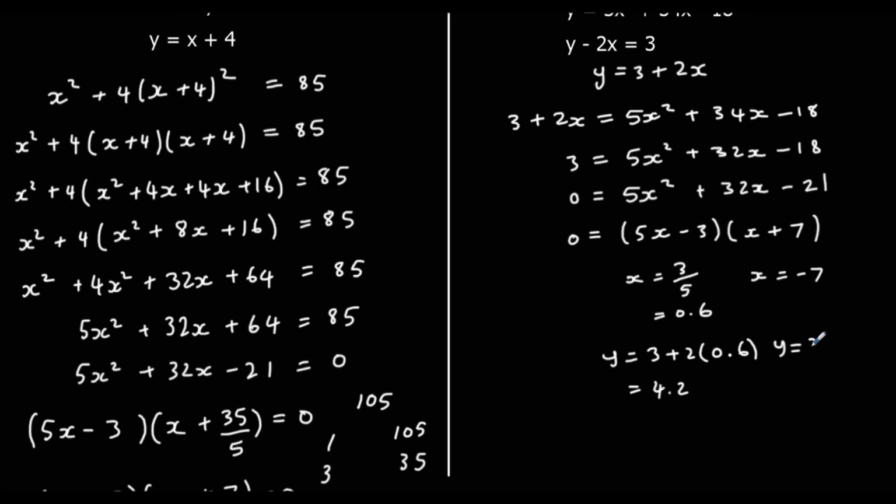And y equals 3 plus 2 negative 7s. 2 negative 7s are negative 14. 3 minus 14 is negative 11. So either x is 0.6 and y is 4.2, or x is negative 7 and y is negative 11.